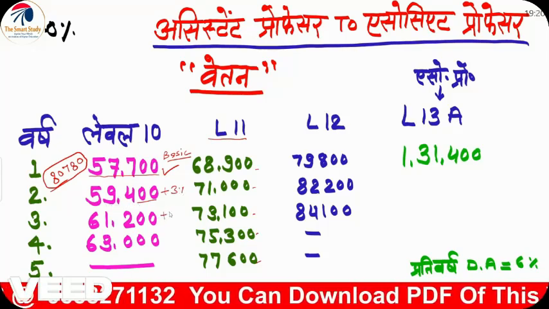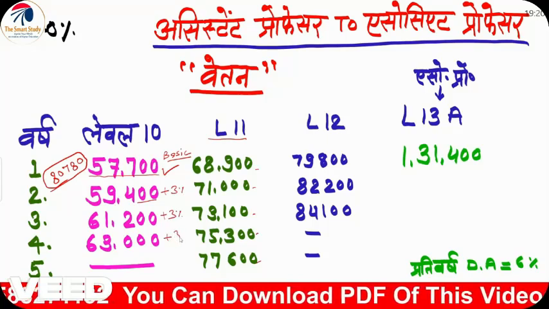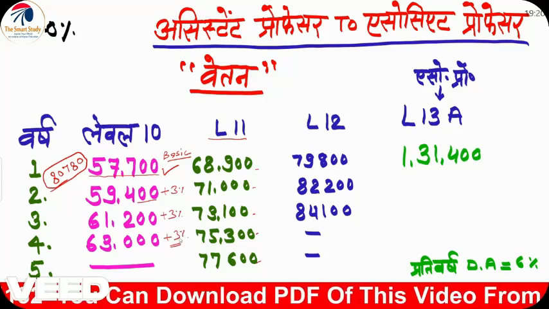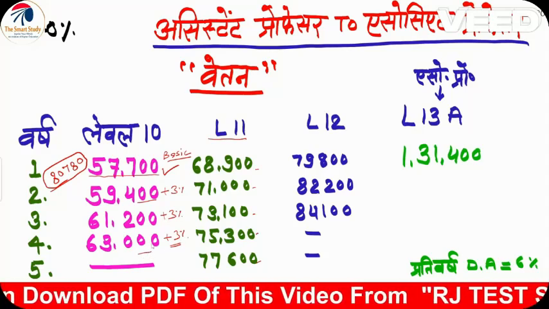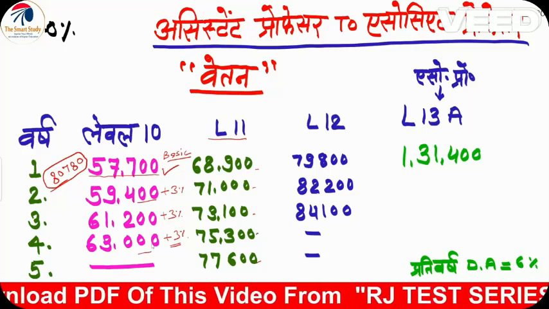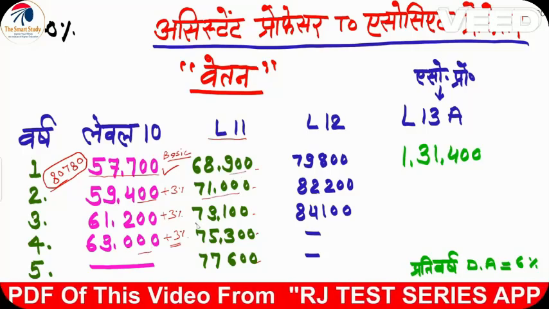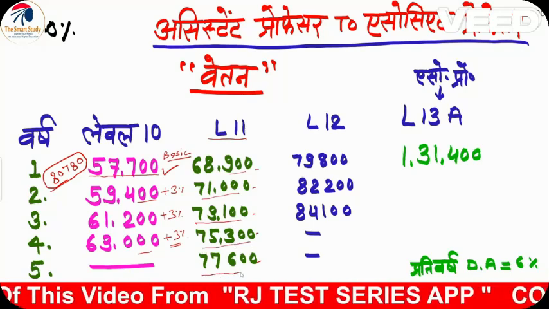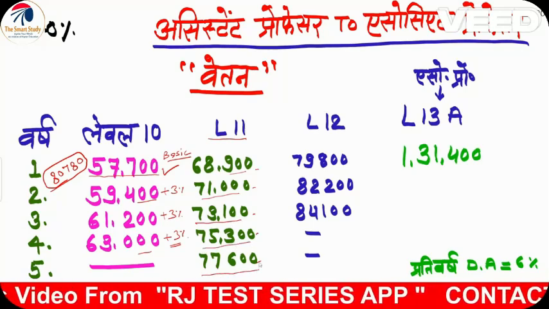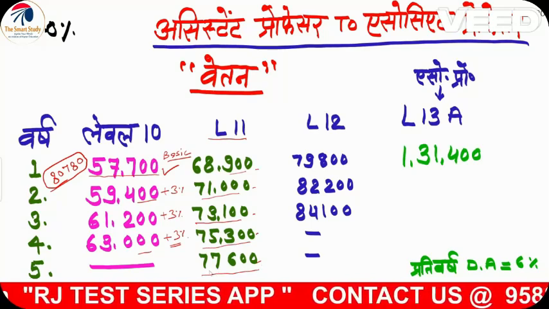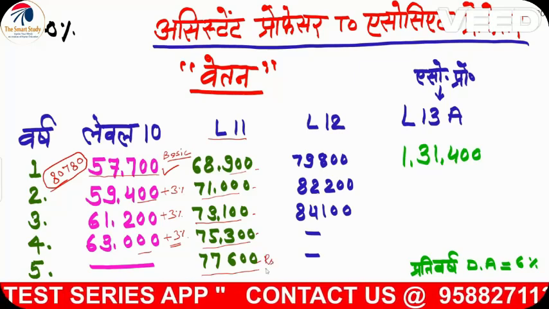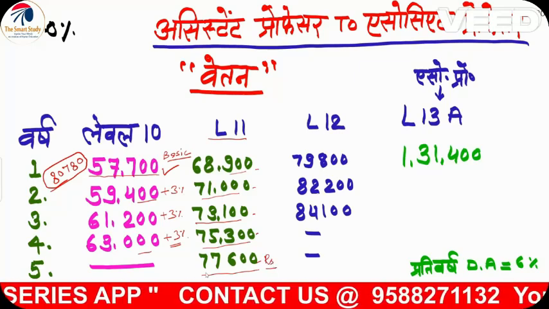So, in the second year, after a 3% increment, your pay will rise to 1,70,600 rupees. Then, another 3% will be added, taking it to 1,76,118 rupees. In the fourth year, after continuous increments, when you reach level 11, the basic salary becomes 68,900 rupees and eventually 3,06,600 rupees.